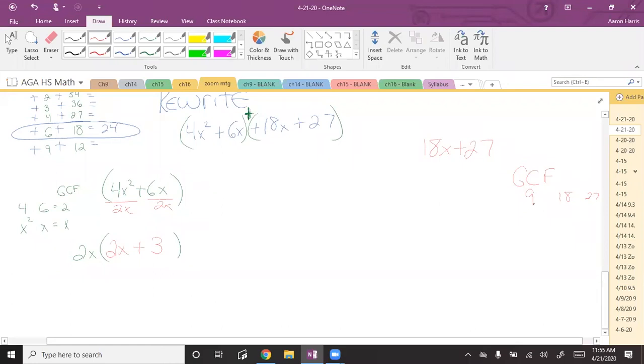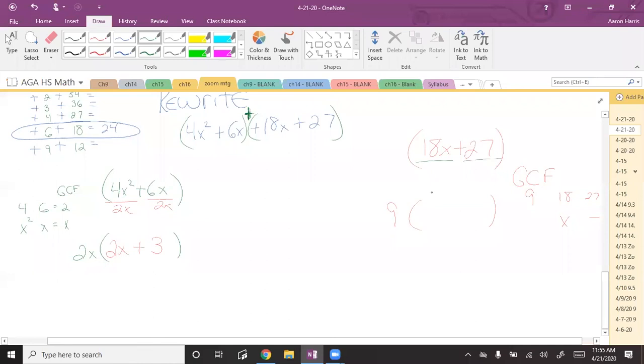9. Now there's x in this one, but there's no x in that one. So can I factor out x? No. Okay. So now here we go. I have the 18x plus 27, put in parentheses, make your blank parentheses. What goes out front? 9. Good. What do I do with that?